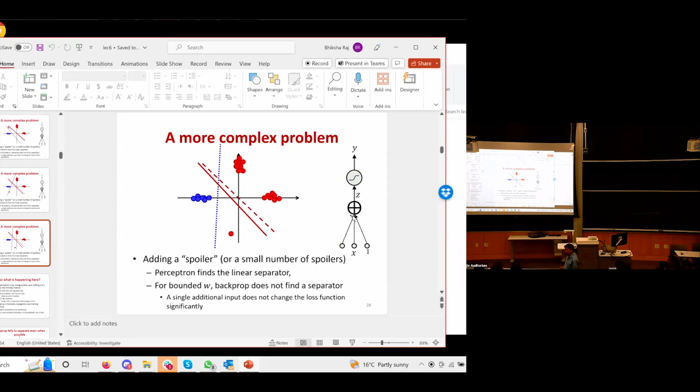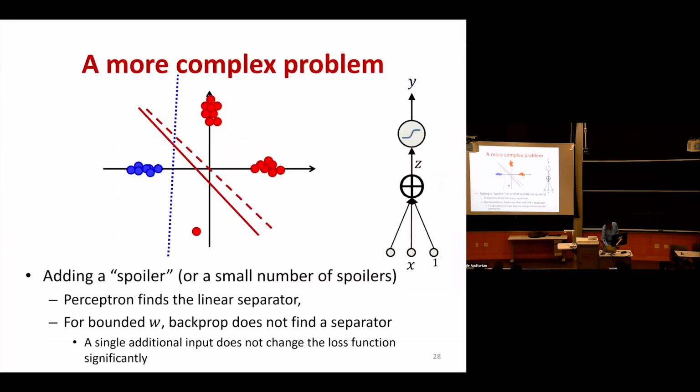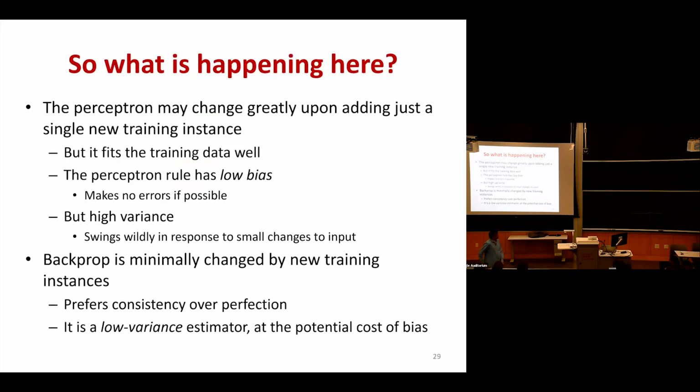So although backprop is not necessarily finding the solution that separates, it's nonetheless giving you the solution that you want, right? So the perceptron changes greatly upon adding just a single new training instance, but it fits the training data well.